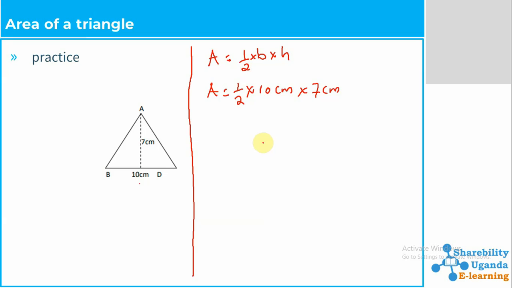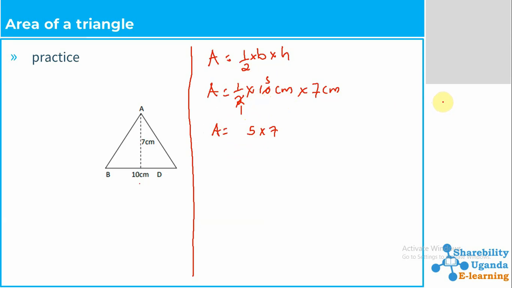That is going to be our height. So now we can say that our area here should be equal to, we cancel 2 by 2, 1, and 10 by 2, 5. So we shall have 5 times 7. What is 5 times 7?